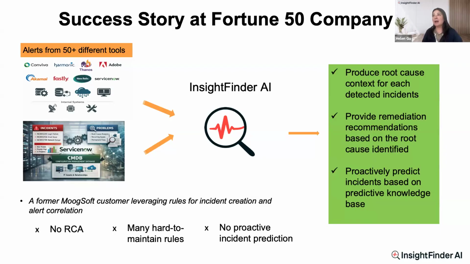And they have certain rules to create the incidents, but those rules are very hard to maintain. There are sometimes errors in the rules, and they are set improperly, so many tickets and many false alarms are created by those rules as well. Then lastly, the customer is always doing chasing work, right?